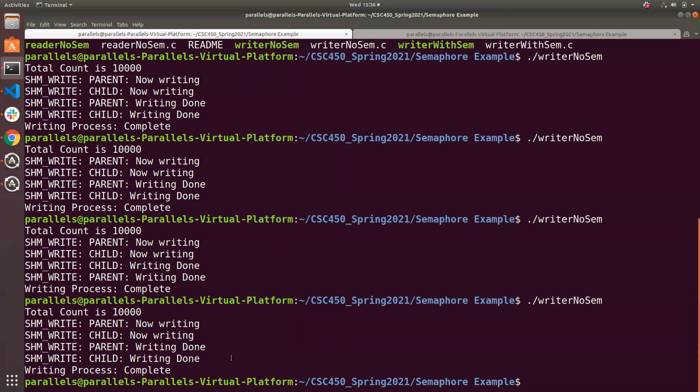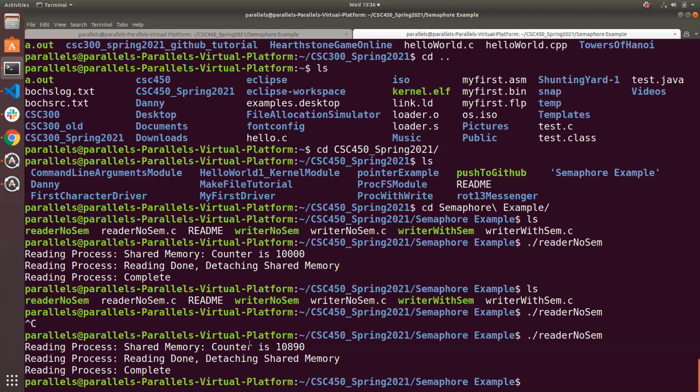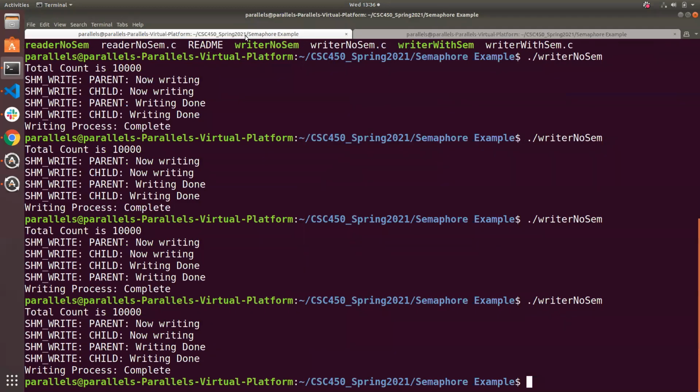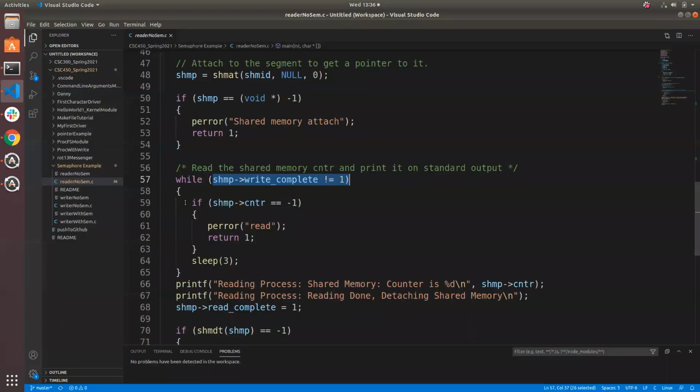So if we come back in here like this, here's my read. That's actually interesting. Why would it be 10,890? How's it ever getting that high? Shared memory counter should never get above 10,000.